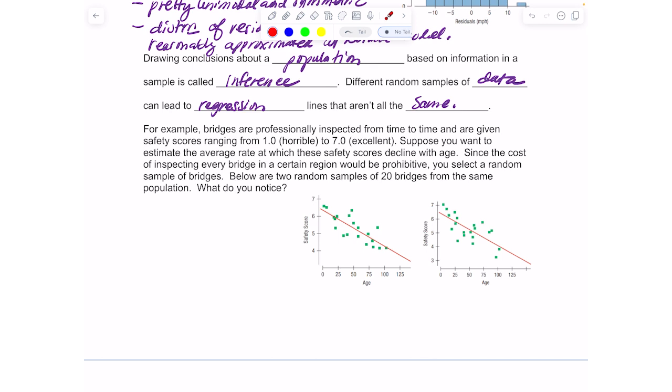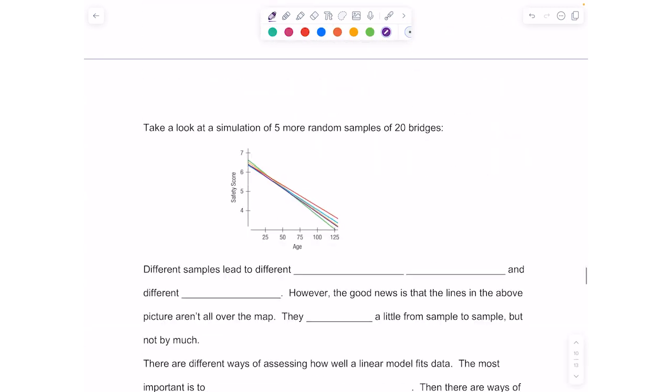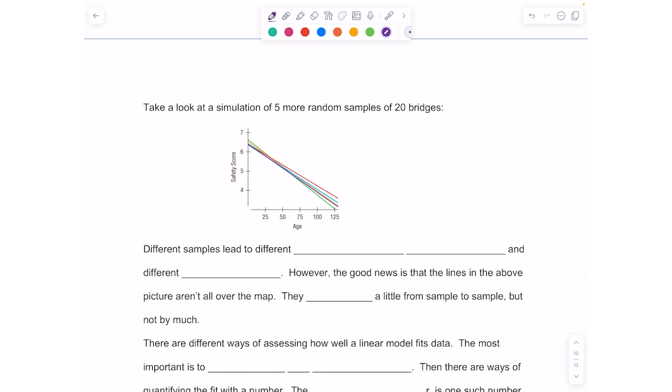Okay, what do you notice? Well, they're both scatter plots because we've got 2 quantitative variables. They're very similar to each other, but they definitely have different regression lines. Now look at a simulation of 5 more random samples of 20 bridges.